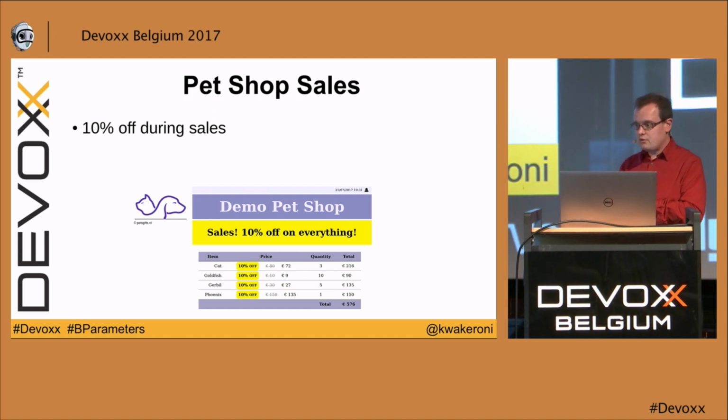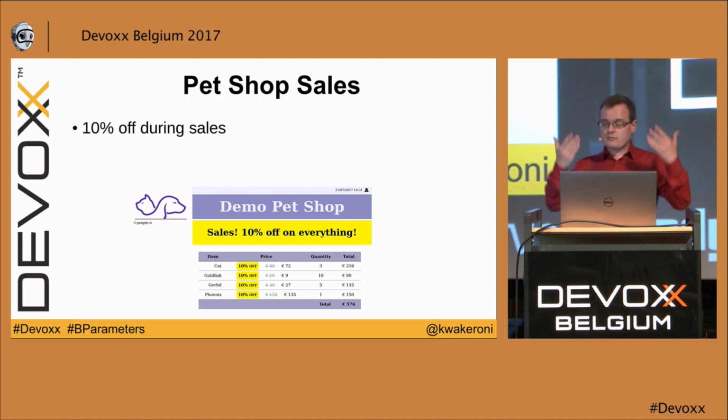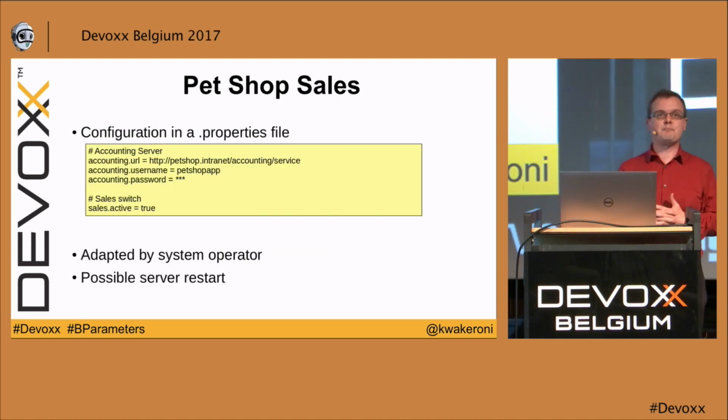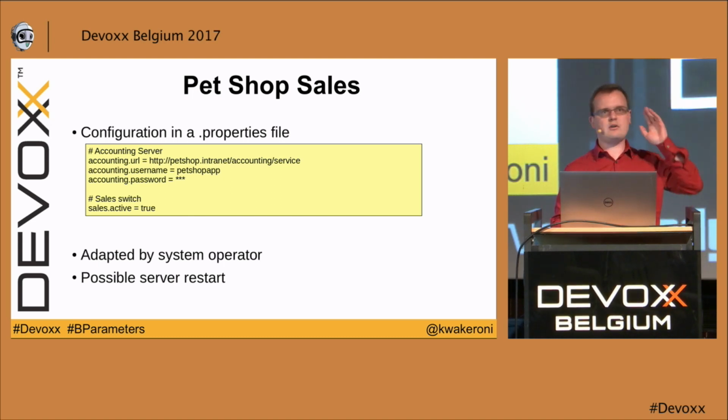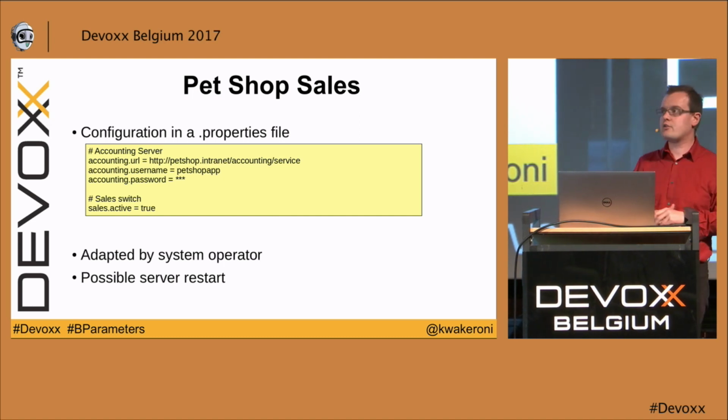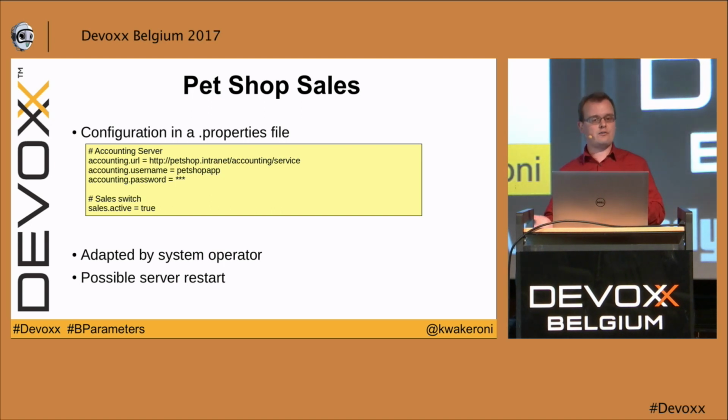Then you need to tell your web application that you're in a period of sales. So that is some little item of configuration, and typically you put that in a properties file. So somewhere in your application you will have a properties file where you have all your database configuration and stuff, and which has a switch that says our sales are currently active, true or false.